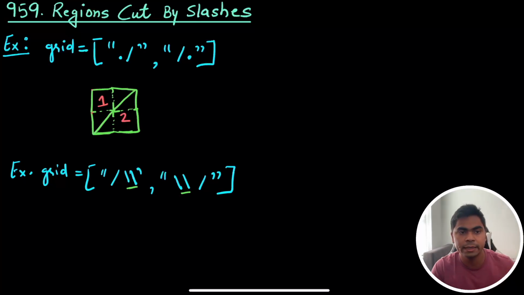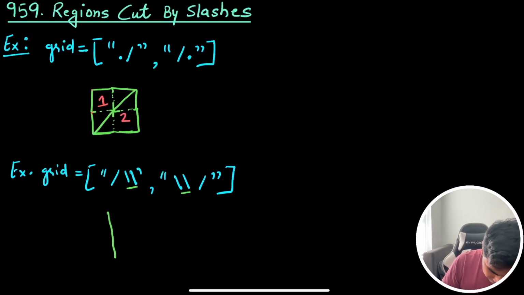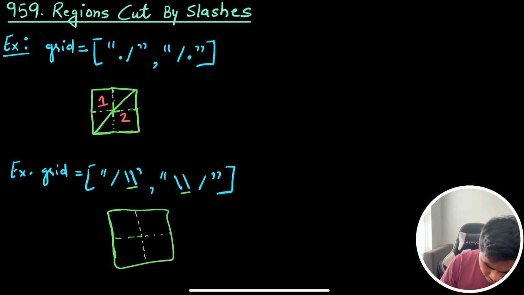This grid is also a 2 by 2 grid. So here we'll draw the grid, and this time right from the beginning I'll draw the borders with the slash. Next, let's draw these backward and forward slashes. The first one is a forward slash, the next one is a backward slash. Then this one is a backward slash, and this one is a forward slash.